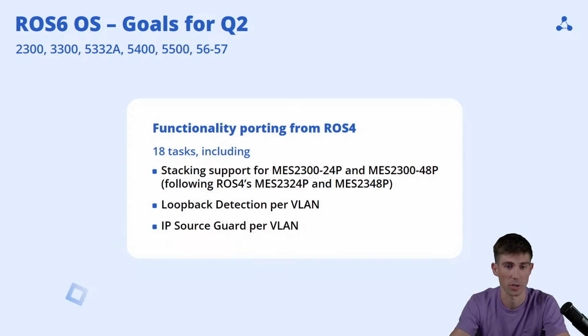I would mention that we now support stacking between the same model but different configurations of ports, similar to what we had with MES 2324P and MES 2348P on ROS 4. So it's the same model essentially, but a different number of physical ports. Exactly the same pattern is followed by MES 2300 24P and 48P. They are basically stackable, even though it is not exactly the same model.